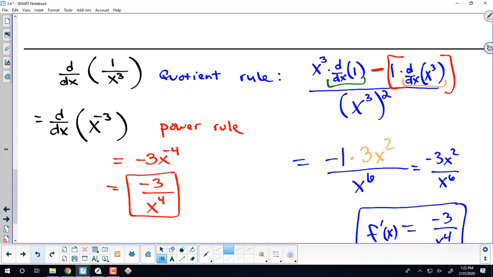Wait, isn't the derivative of the constant the constant, right? For like the derivative of 1, isn't that just 1? Oh no. No, so because we're not taking here, right, with the green part it is, because we're actually taking the derivative of it.